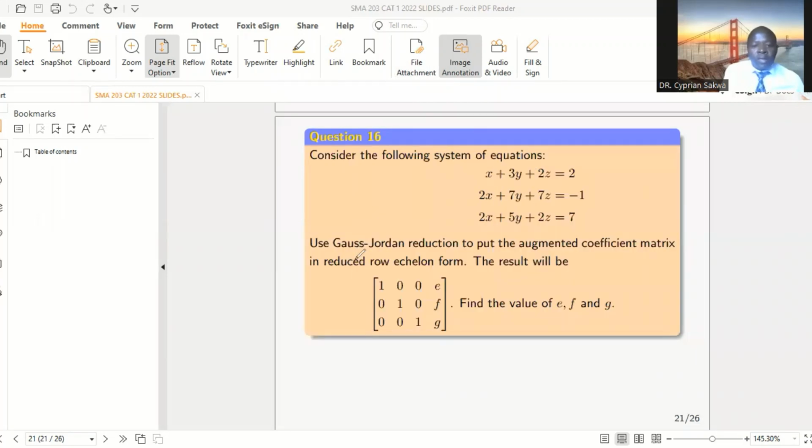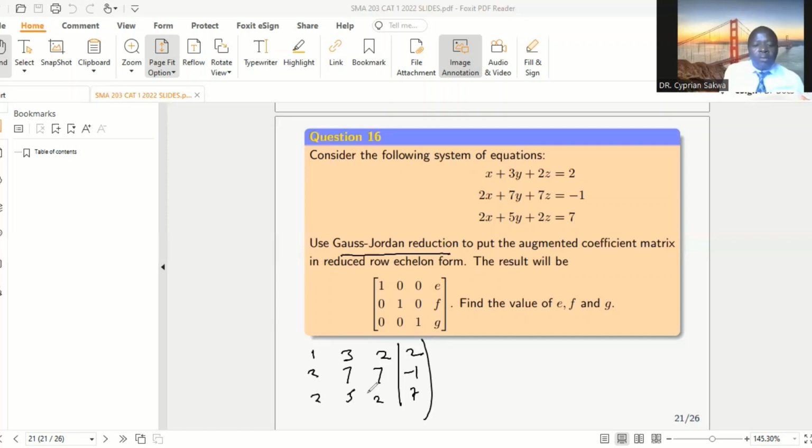The method has been specified to us. It was Jordan reduction. So let's just reduce this matrix to reduced row echelon form. The augmented matrix is 1, 3, 2, 2, 2, 7, 7, negative 1, 2, 5, 2, 7.